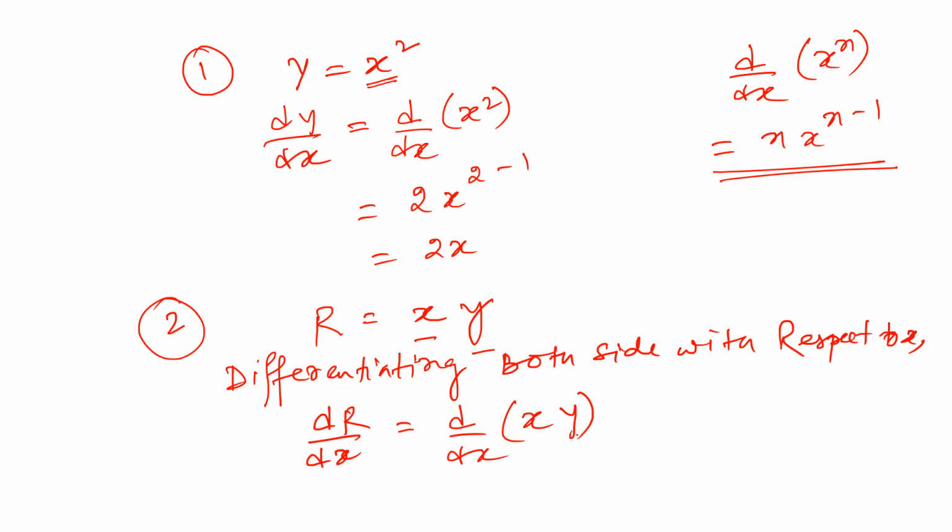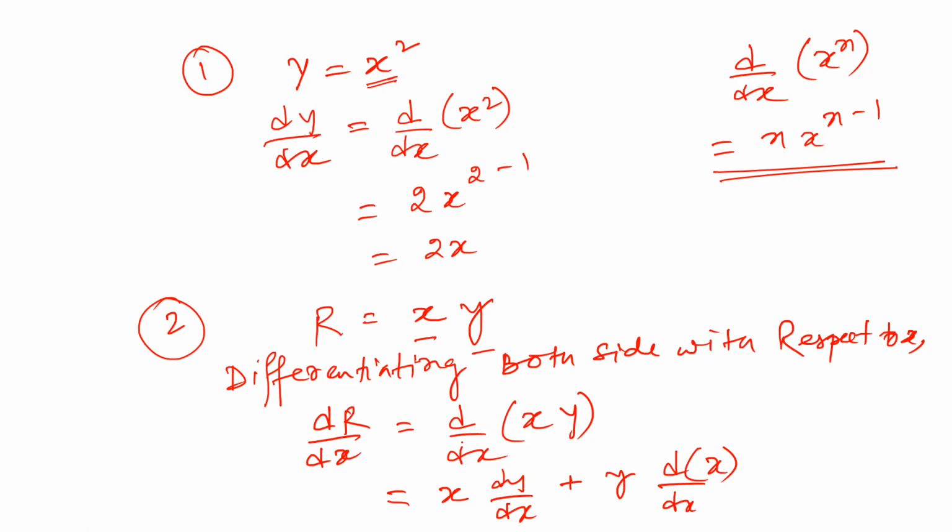So there the two variables are present. How to find out the derivative? In this case, just remember one thing. Whenever two variables are in multiplied form, the formula is first unchanged times derivative of second plus second unchanged times derivative of first. Okay. In this way we can write it down.